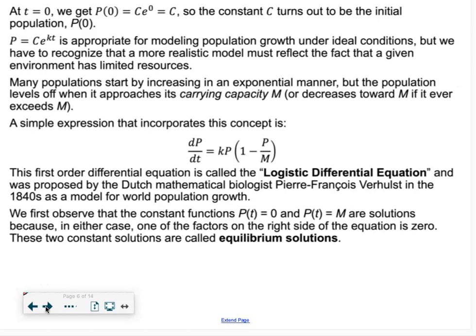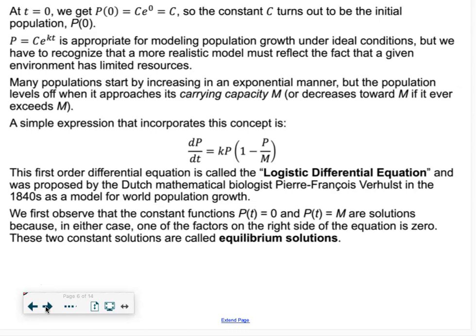I will tell you, College Board always calls it L. Your book calls it M; different people call it different things. But this is representing your carrying capacity. So if your population is getting close to the carrying capacity, then the rate of change is approaching 0, because you end up with basically M over M, which is 1, minus 1, which is 0. So you end up with a rate of change of 0 because you can't grow anymore, since you're hitting that carrying capacity.